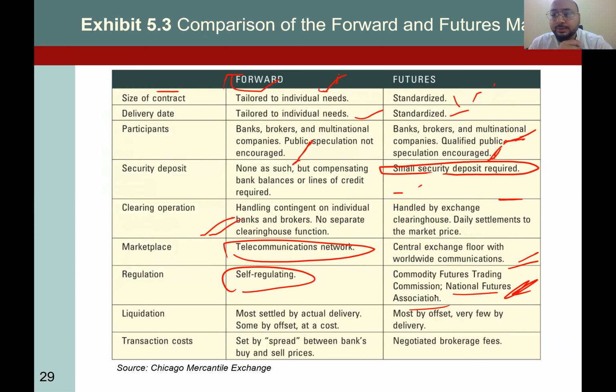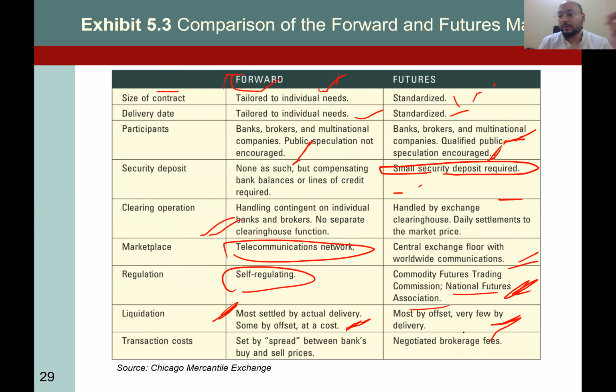Chicago Mercantile Exchange. Liquidation: most of the forward contracts are liquidated by actual delivery. Although we talked about the non-deliverable forward contract, NDF, mostly they are settled by actual delivery. But here, mostly by offsetting.